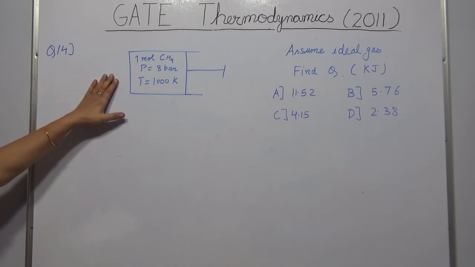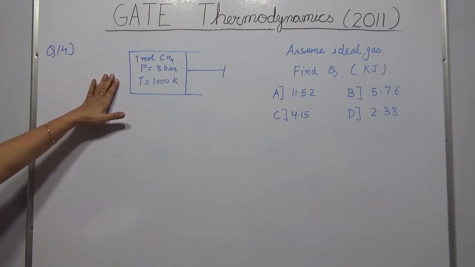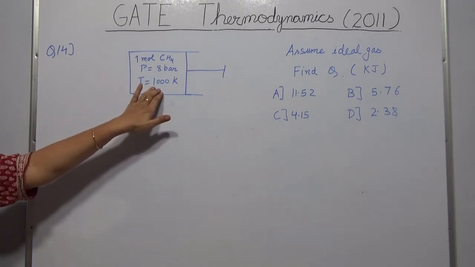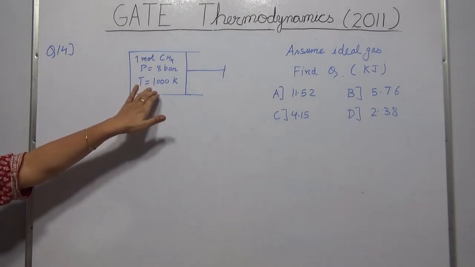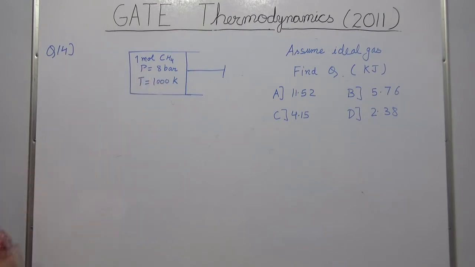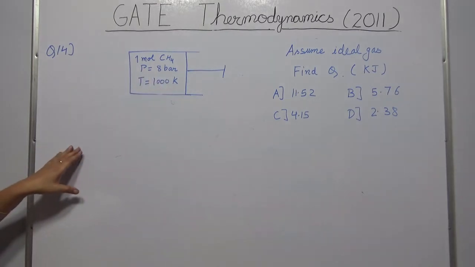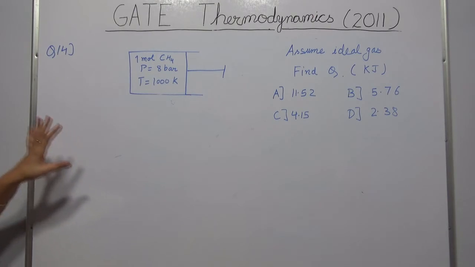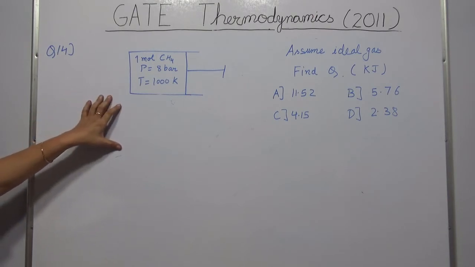It says that you have 1 mole of methane. It is present in a leak-proof piston cylinder assembly, and the initial pressure is 8 bar and temperature is 1000 Kelvin. Now this gas undergoes isothermal expansion to 4 bar under reversible conditions.